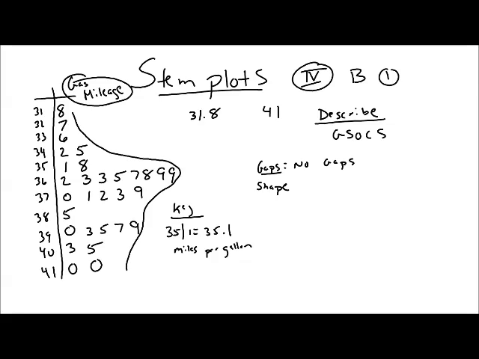If you were to turn this sideways from least to greatest, looking at 31.8 to your left and 41 to your right, and you can also look at your dot plot, you'll see that the shape is skewed slightly left. Now, where is it skewed? It's skewed where it's more spread out. In other words, where that tail is longer. Okay, these tails. Where is that tail longer?